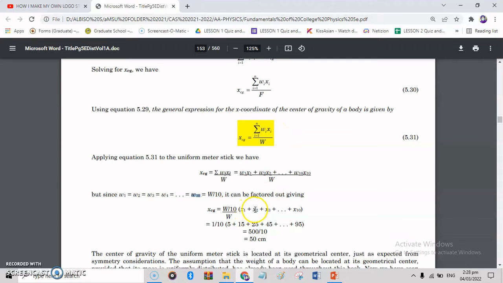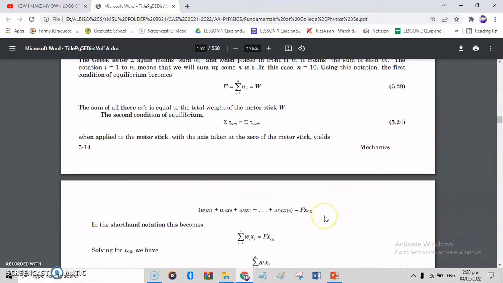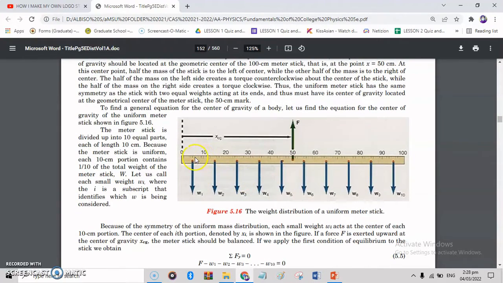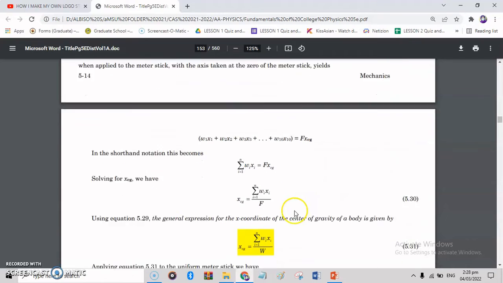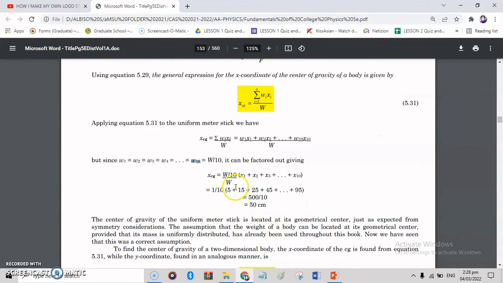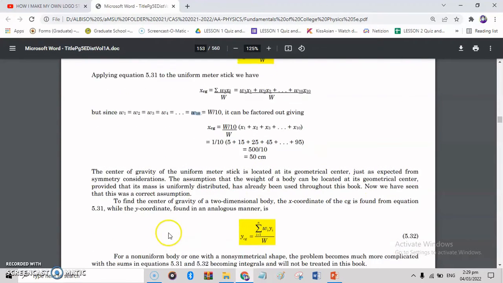That is x1, x2, x3, x4 up to x10, uniformly distributed, so that you have 5, 10, 20, 30, 40 up to 95, and then you add that up and divide by 10, and that is 50 centimeter. The center of gravity of the uniform meter stick is located at its geometrical center, just as expected from symmetry considerations.